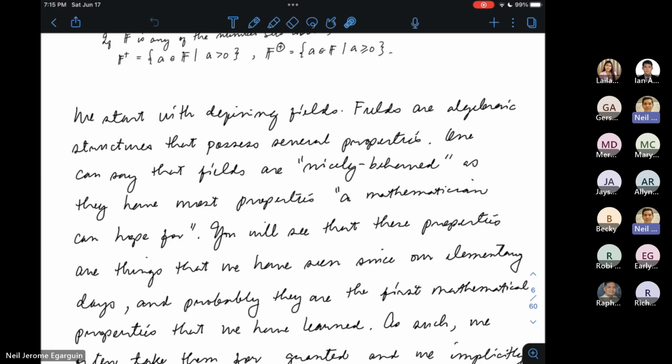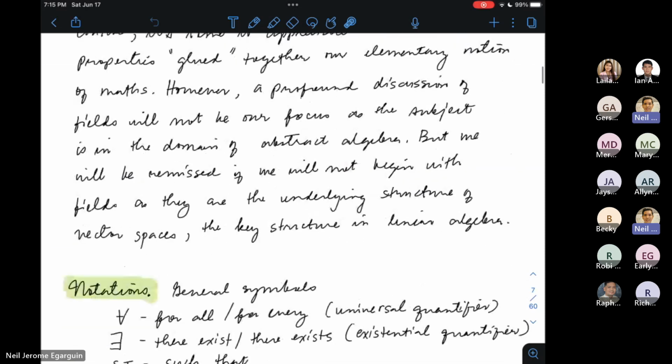So hindi lang pala mga numbers ang pwede nating paglaruan via equations. So ito yung mga properties na ibibigay ko sa inyo ng isang field. Because again, these are the properties that allowed us to solve for solutions of equations or at least linear equations before, right? So medyo mahaba yan.